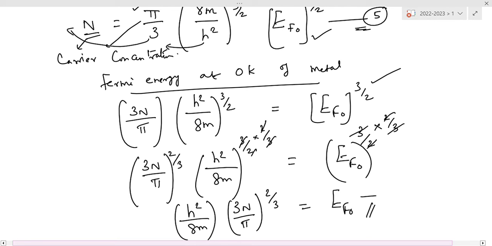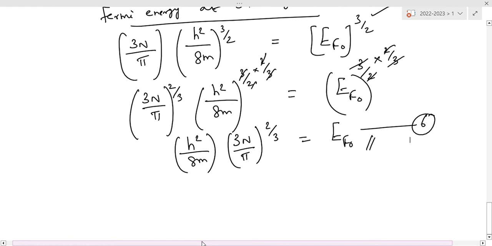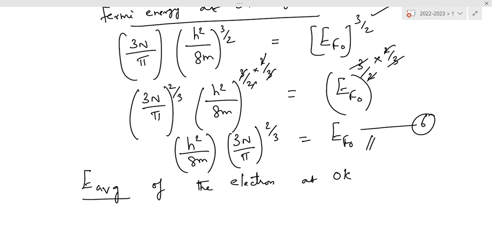So this expression 6, using this we can find the Fermi energy at 0 Kelvin for the metal. Then average energy of the electron at 0 Kelvin.